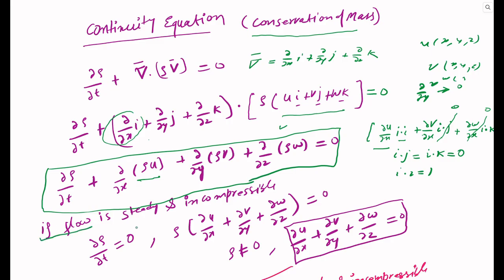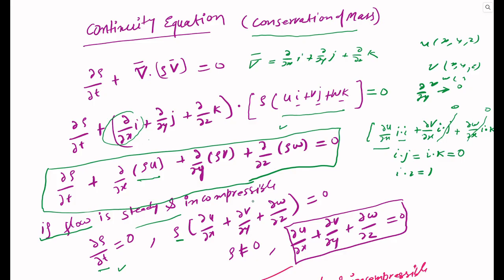If the flow is steady, meaning properties at a point remain constant, the first term is 0. If the flow is also incompressible, rho is constant, so rho comes outside.